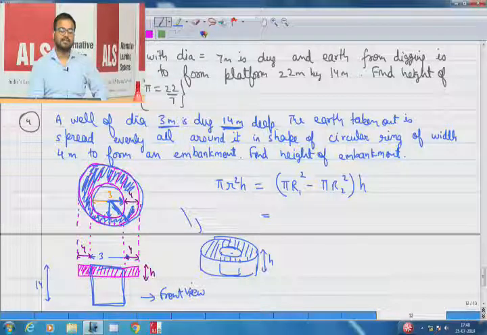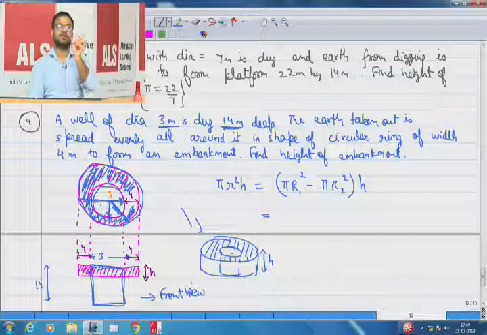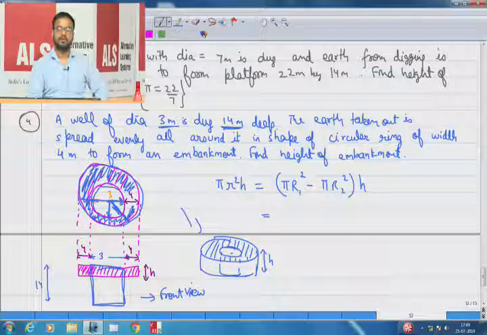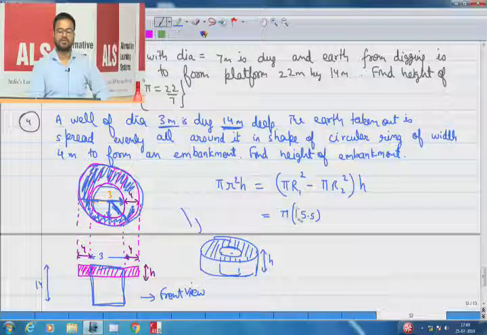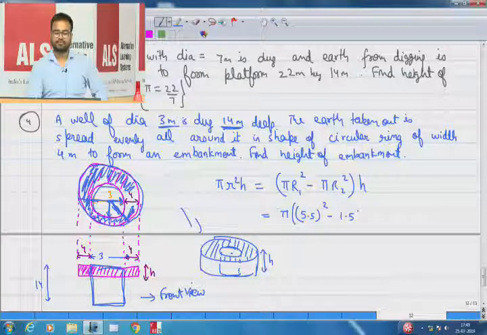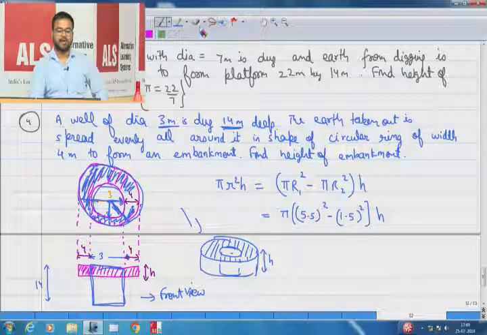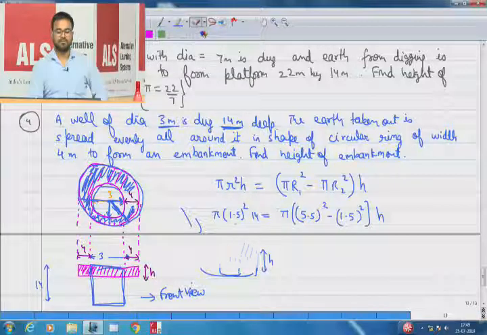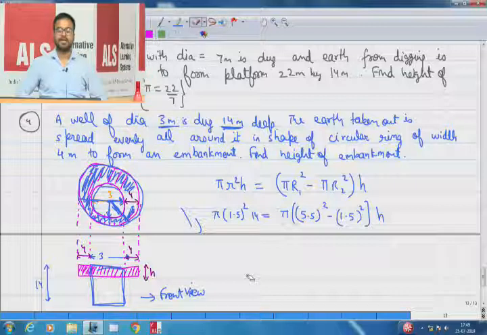So the complete radius of the outer circle is 1.5 plus 4, which is 5.5, and you can take pi as common, so it will be 5.5 whole square minus r2, the inner circle radius, 1.5 square into height, and here also pi r square, r is 1.5 square, and the height of that well is 14. I hope you are getting it till now. CC4, is it clear till now?